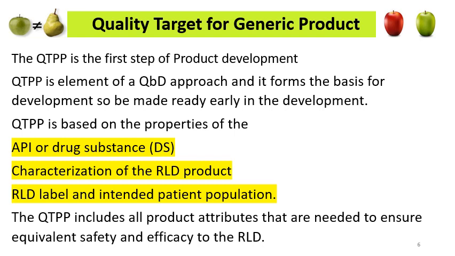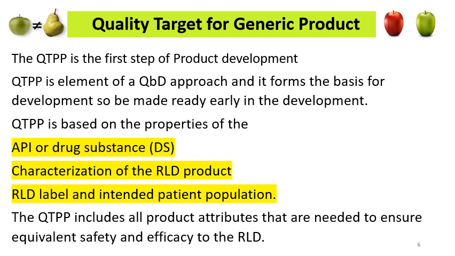QTPP is the first step in the product development, because at the initial stage, the generic applicant should know what is the target for the generic product development. QTPP is the element of QBD approach and it forms the basis for development, so it should be ready early in the development phase, so that you will have the target for your product.